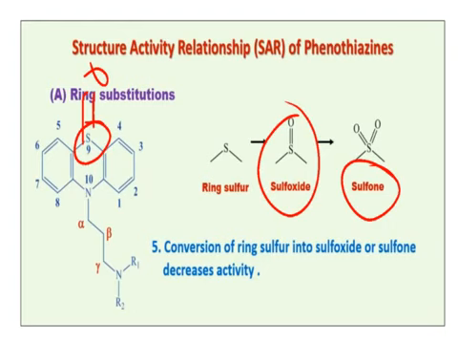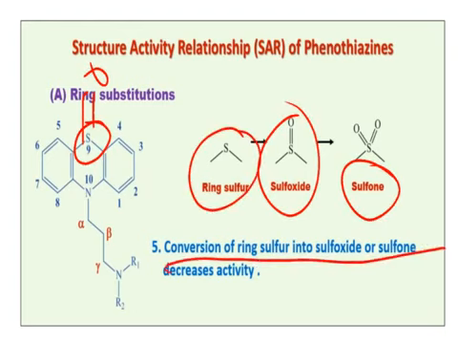So there must be the presence of a ring sulfur. If the ring sulfur is converted into sulfoxide or sulfone, it will decrease the activity. So there must be the presence of a ring sulfur instead of sulfoxide or sulfone. If we convert the sulfur into the oxidized state, that is sulfoxide or sulfone, it will decrease the activity.